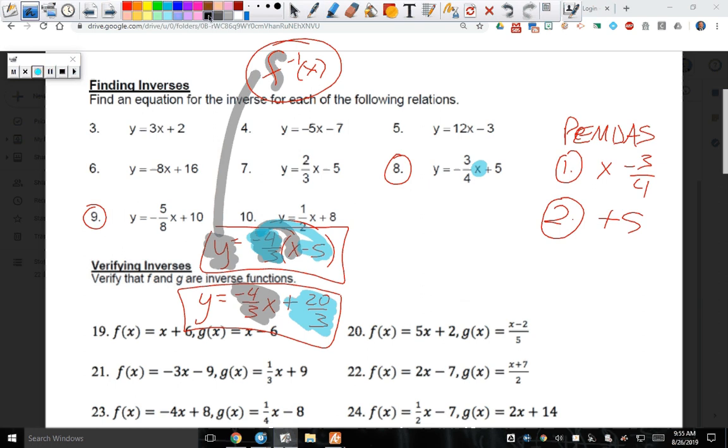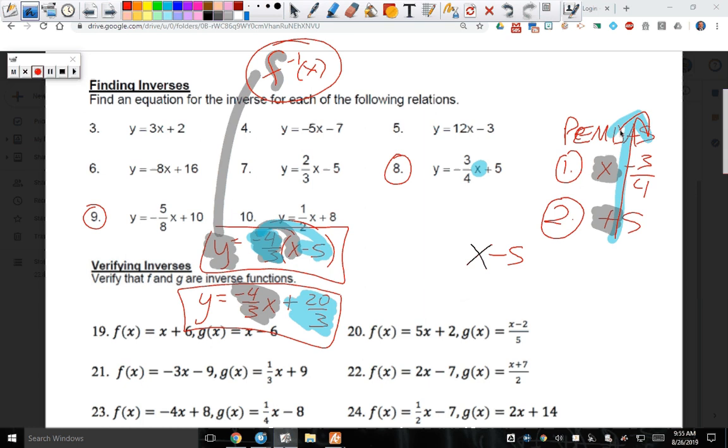So my shortcut says, just take any x, and we're going to do the backwards opposite operations. You with me? So I'm going to do what to this x first? Subtract 5. Now this is my full running answer. What's the next step that I'm going to do backwards? I'm going to divide by negative 3/4 or multiply by what?